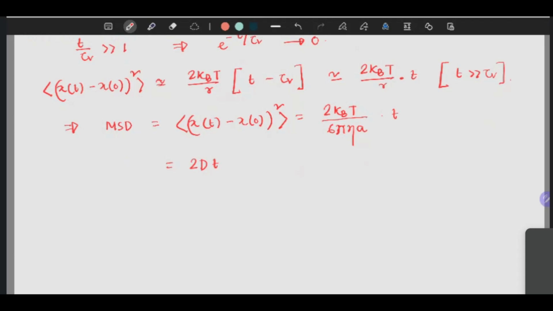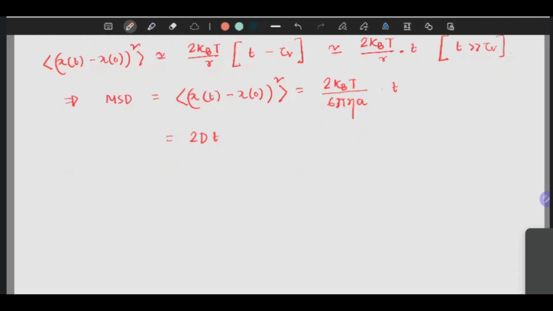So here the mean squared displacement varies linearly with time.